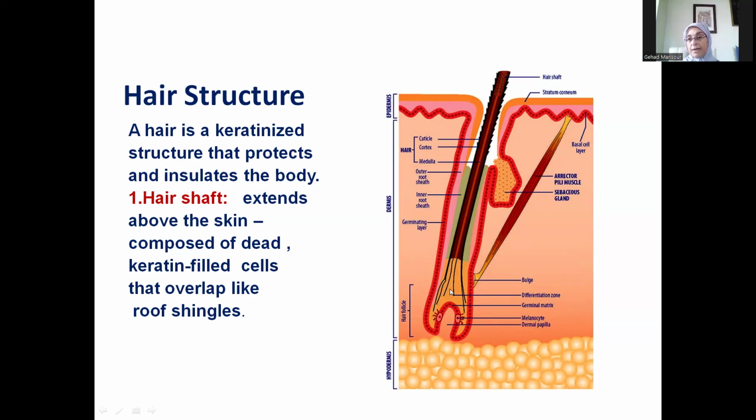And this is an answer to the question, how does the hair acquire its pigmentation? From the melanin that diffuses from the melanocytes to the germinal matrix and then to the keratinocytes of the hair bulb.